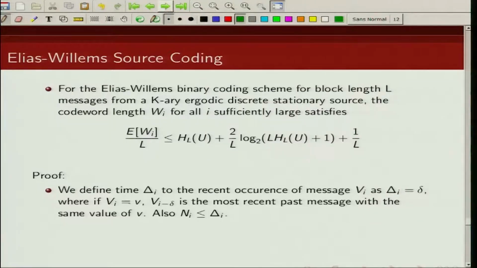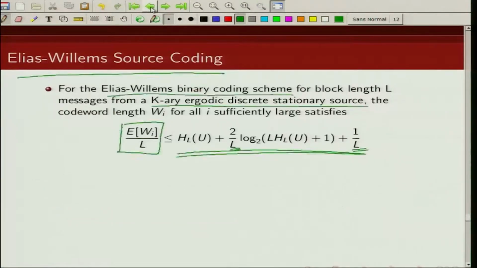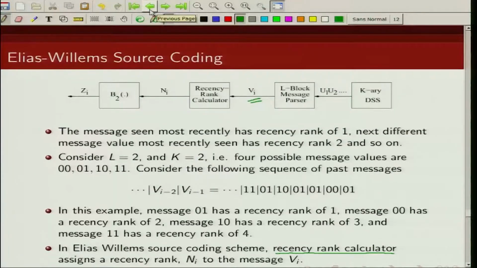So let us define delta i as the recent occurrence of the message Vi. So delta is this delta where if Vi is V, then Vi minus delta is the most recent past where this particular message has occurred. Okay. Now, let us go back to this example.